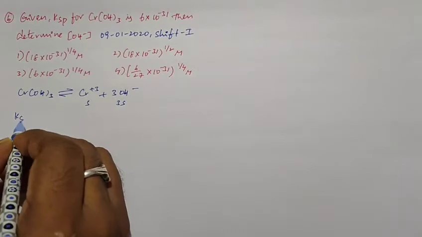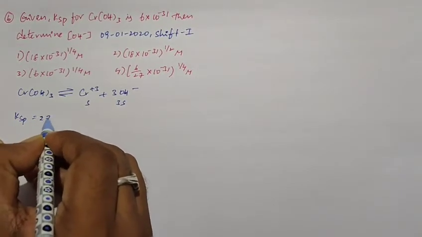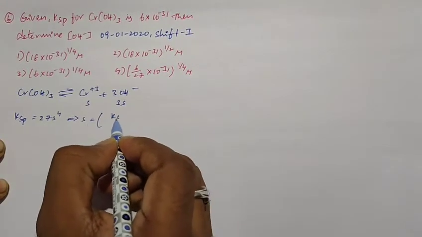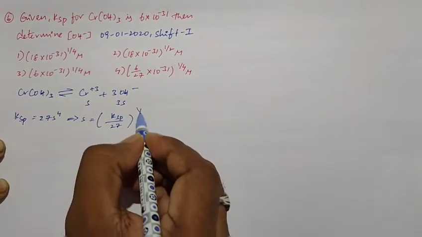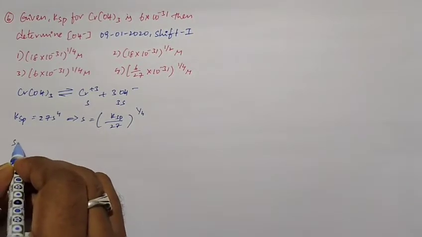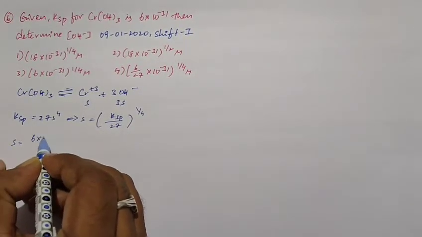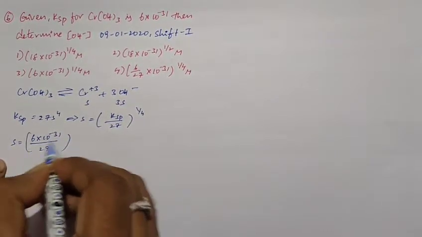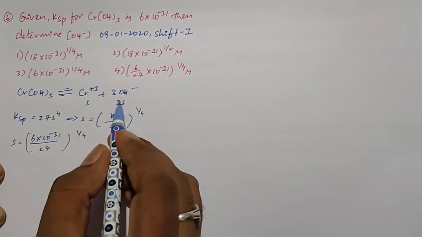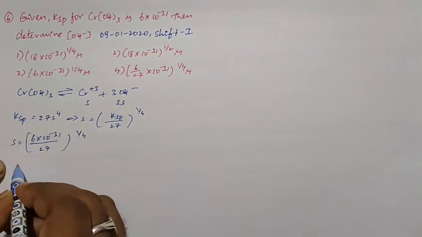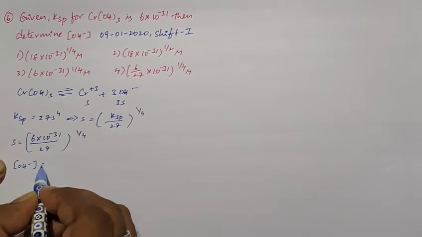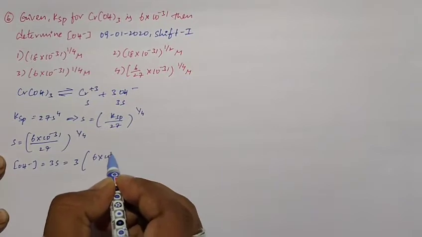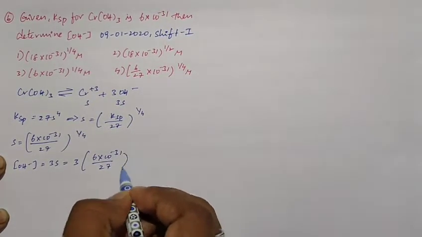Then the formula of KSP is equal to 27 S power 4. This implies S is equal to (KSP by 27) whole power 1 by 4. Then S is equal to (6 into 10 power minus 31 by 27) whole power 1 by 4. Here the concentration of OH minus is equal to 3S, that is equal to 3 into (6 into 10 power minus 31 by 27) whole power 1 by 4.